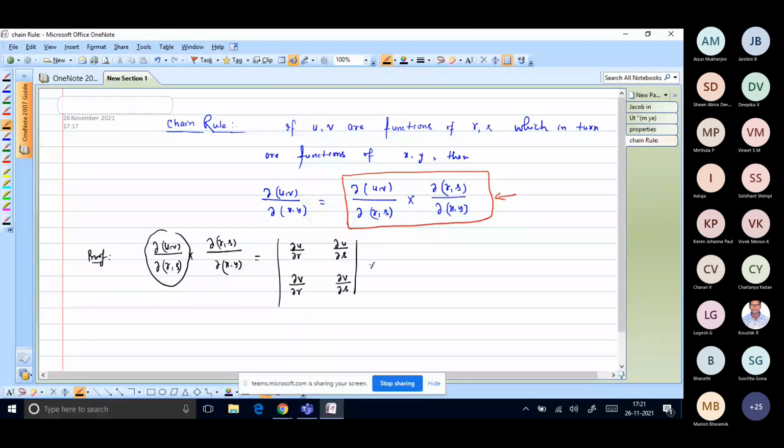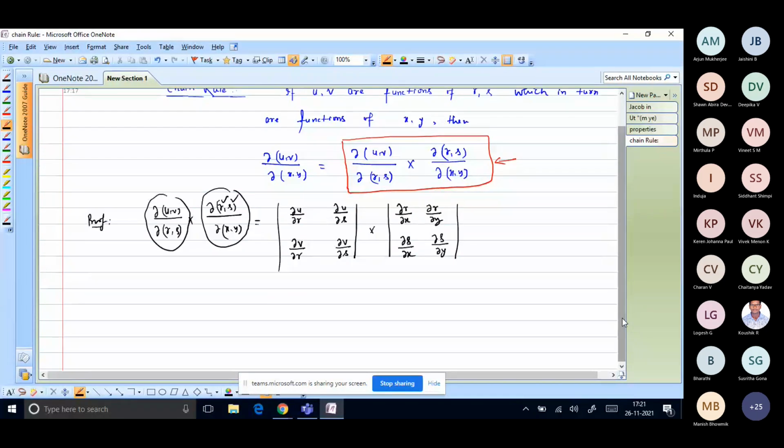Next one, I will concentrate on this one: del r upon del x, del r upon del y, and then I will choose s: del s upon del x, and then del s upon del y. So I will multiply these two and I will check what it is.